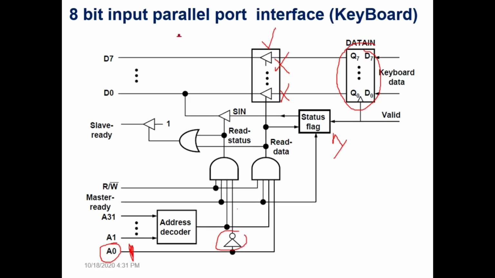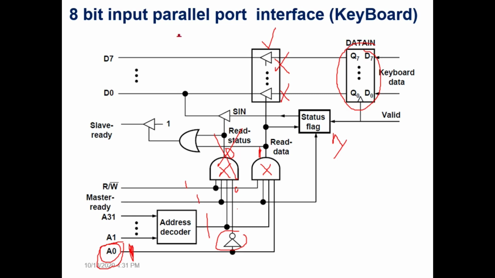So now, since the NOT gate output, one of the inputs for this AND gate is 0. So its output is 0, read status does not function now. Since A0 is directly given to one more AND gate, and all other inputs for that AND gate are also 1, this particular AND gate produces output as 1.